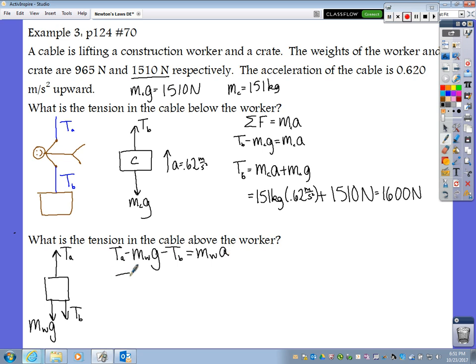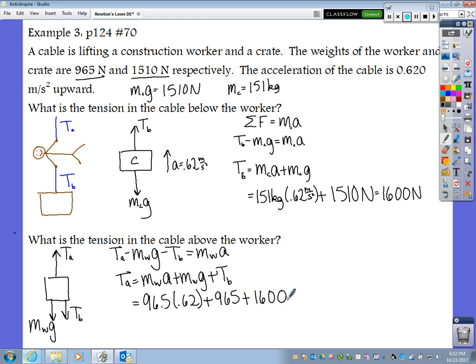So TA equals mass of the worker times A plus mass of the worker times G plus TB. And the mass of the worker is going to be his weight divided by 10, 96.5, times 0.62, plus his weight in newtons is 965 newtons, plus TB is 1600 newtons.